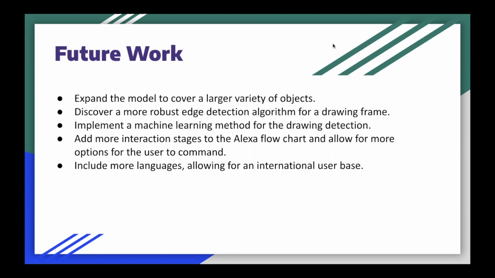We also want to discover a more robust edge detection algorithm for our drawing frame so that our users are no longer limited to a set amount of backlight or a set tilted degree of the drawing surface. And we want to implement a machine learning method for the drawing detection so that the users can be more flexible on the drawing frame with faster response time.